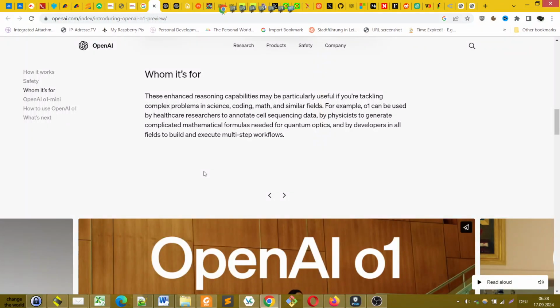OpenAI talks about who these models might be for. In this case, they're talking about complex problems in science, coding, math, and similar fields. For example, for healthcare researchers, for physicists, and by developers.